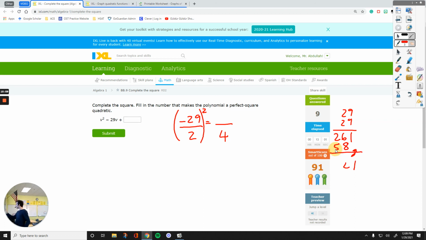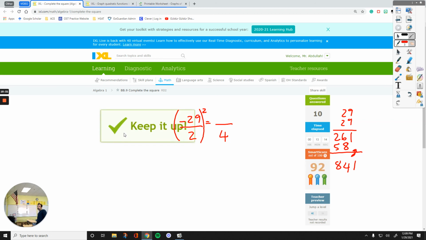Okay, 841. So 841 divided by 4 is what you're looking for. I know we cannot simplify this any further, so that's going to be my final answer.